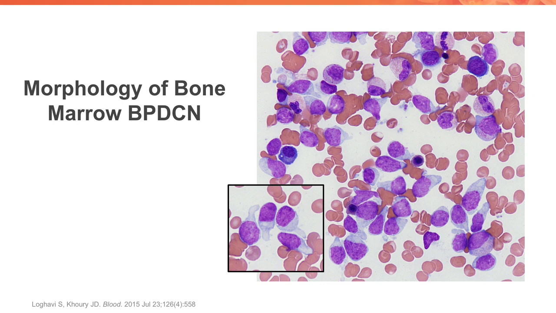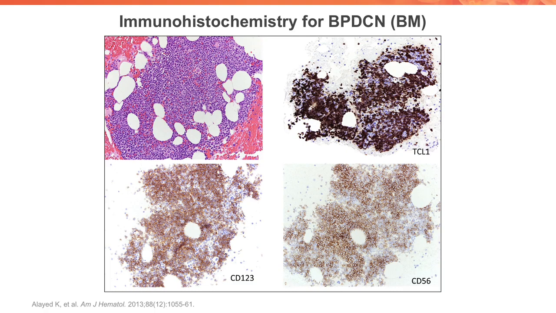The morphology of bone marrow BPDCN is represented by the blast-appearing cells shown here. They have a large nucleus and scant cytoplasm and can frequently appear as sheets. In the immunohistochemistry of BPDCN, the cells again are positive, as shown here by the example for TCL1, CD123, and CD56, the classical markers for BPDCN.